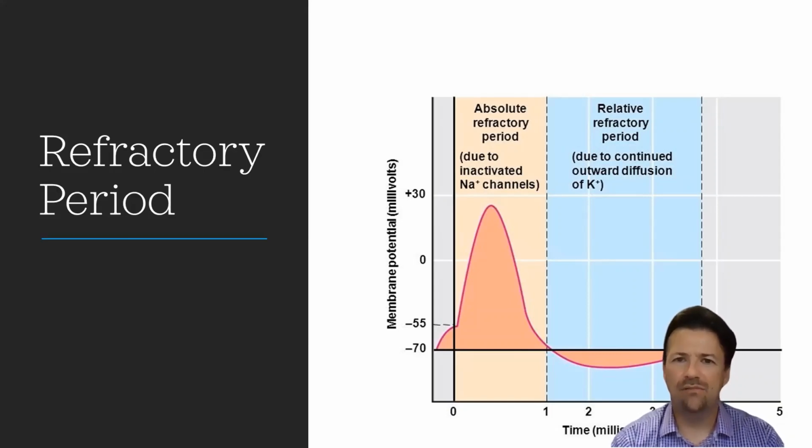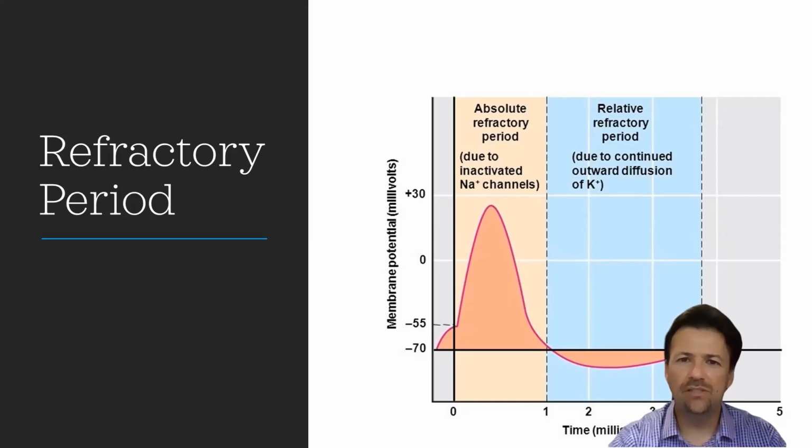Now, there are two types of refractory periods. There's the absolute refractory period, shown here in a pale orange color. And there's the relative refractory period, shown in blue. During the absolute refractory period, no matter what you do, you cannot generate another action potential.